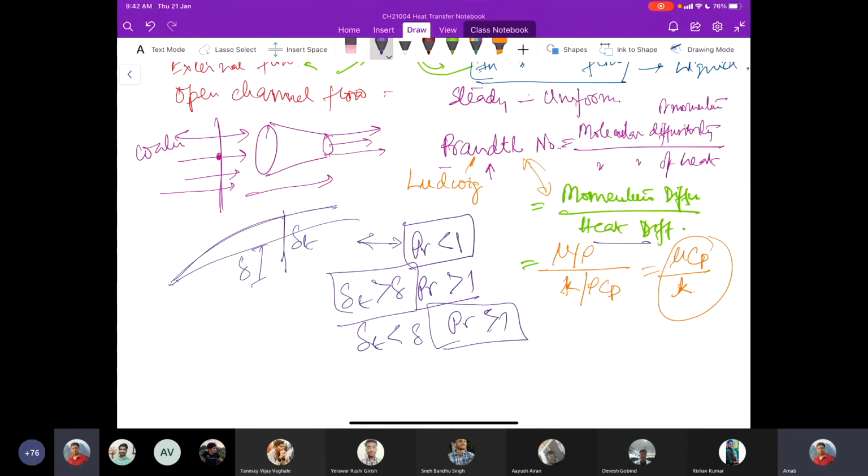Did you get this point? That there is a logic behind which one would be thicker and when. And for that, you have to remember the Prandtl number, or estimate the Prandtl number, and then you can tell that, okay, in this case, thermal boundary layer will be thicker or thinner if it is lesser than 1 or greater than 1.